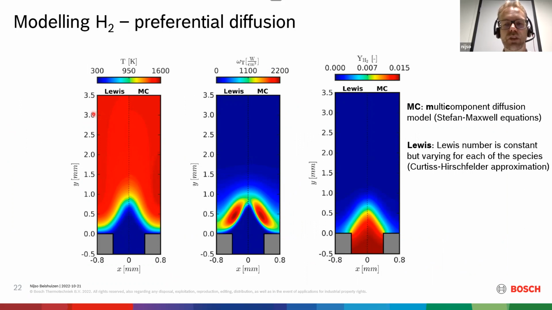The left half of each of the images shows the Curtiss-Hirschfelder approximation, and the right half shows the complete multi-component diffusion model. And it turns out that, at least for this hydrogen flame, the Curtiss-Hirschfelder approximation is a sufficient approximation of the diffusion process.